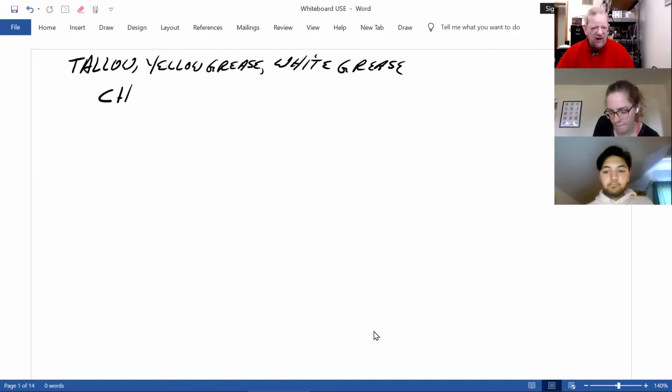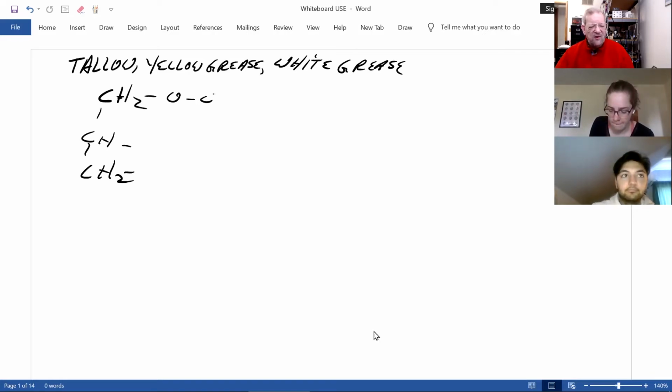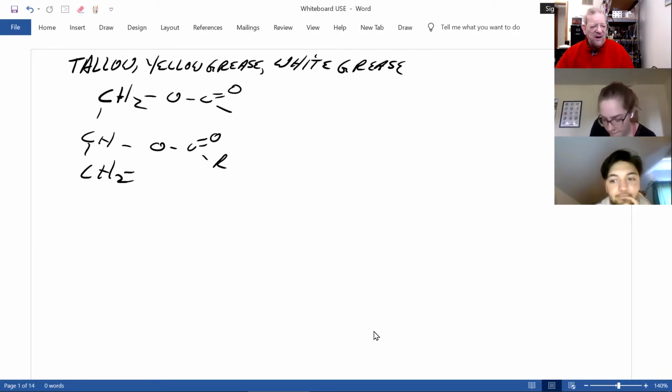For yellow grease, white grease, and tallow, how do you draw a structure in real life without R's? Well, having worked in this area making stearic and oleic, I came up with a good approximation.